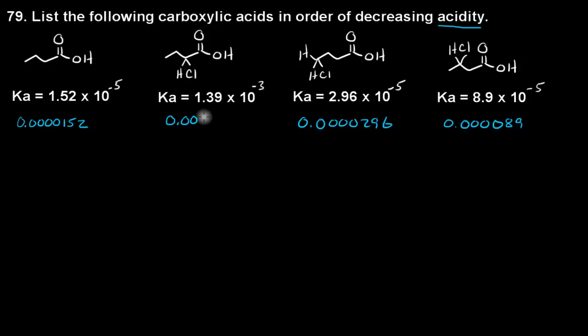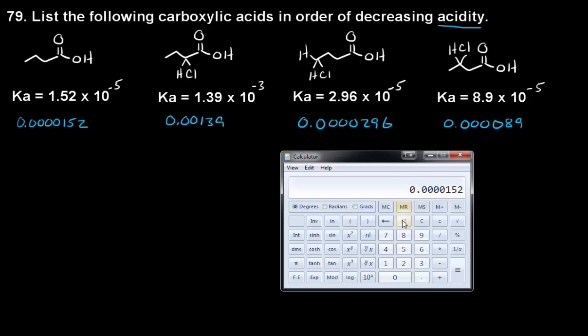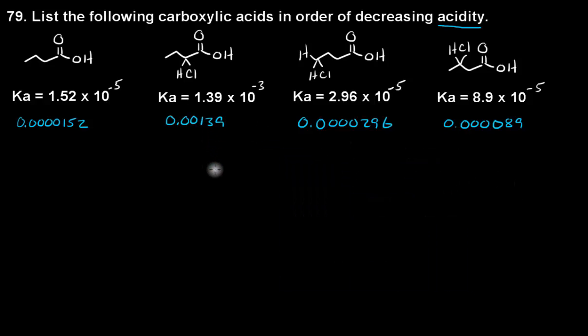So it'll be 0.00139. I'll do the calculation real quick, just to convince you. You can do it along if you want. Take 3, make it negative, 10 to that, multiply by 1.39, and that gives you 0.00139. Anyway, the point is that all of these are pretty small numbers.